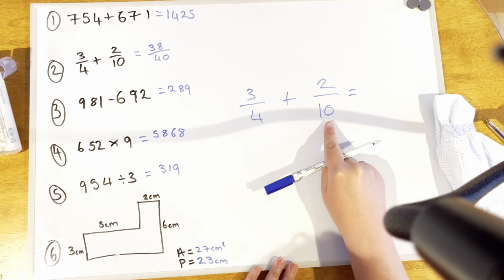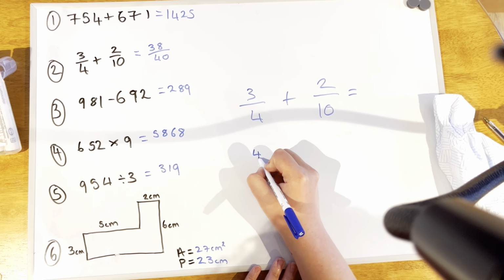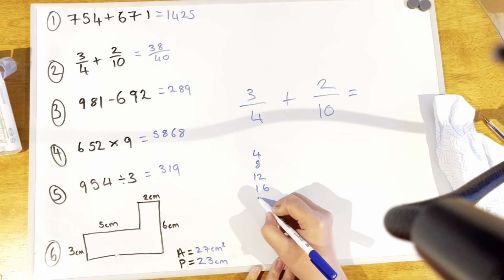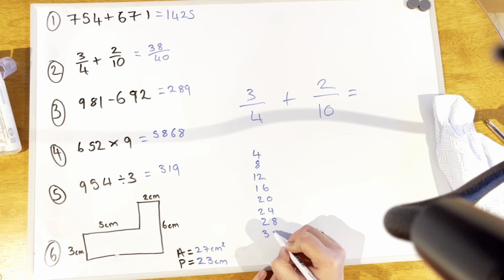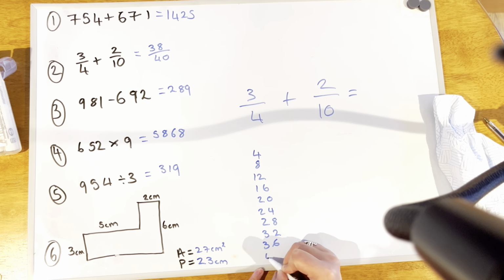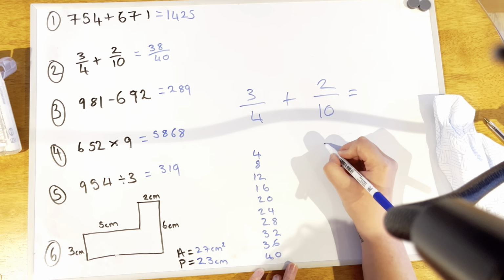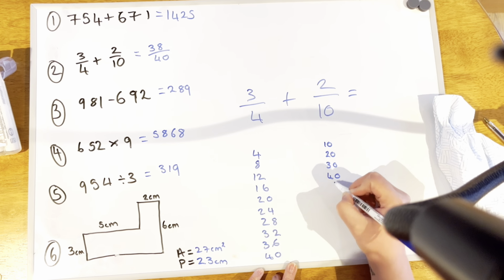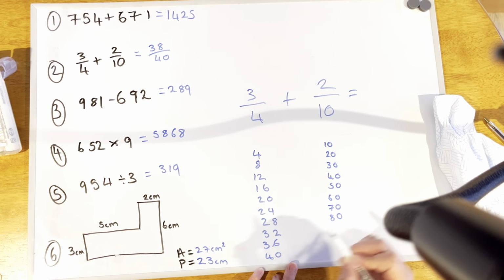So my 4 times table and my 10 times table. 4, 8, 12, 16, 20, 24, 28, 32, 36, 40. I'm going to write out my 10 times table here. 10, 20, 30, 40, 50, 60, 70, 80.